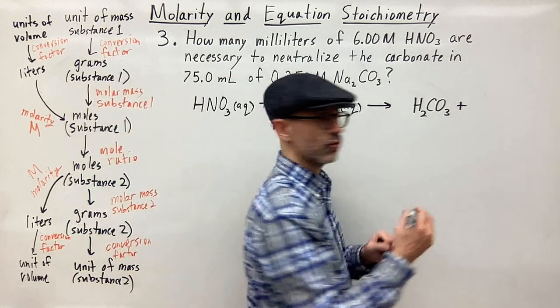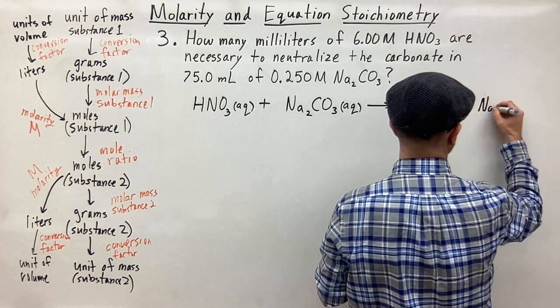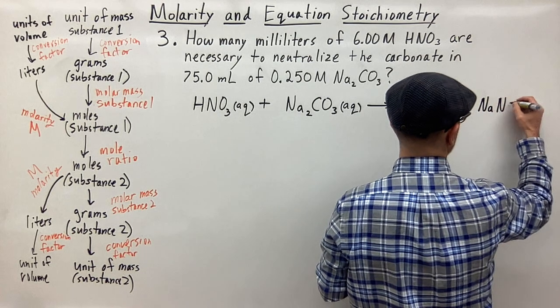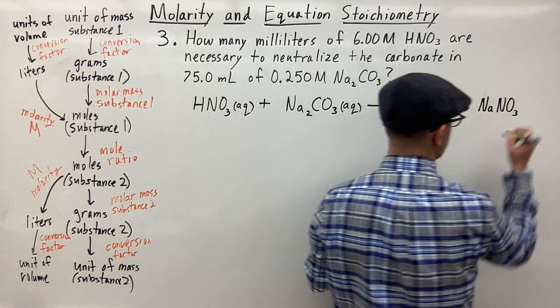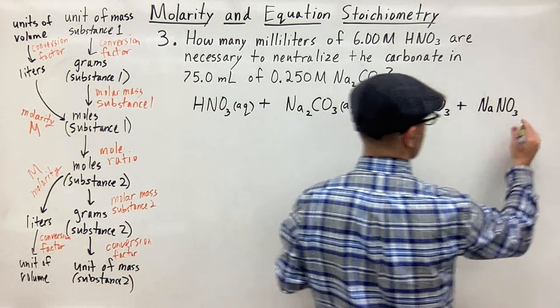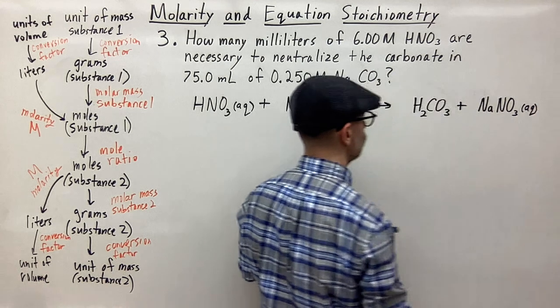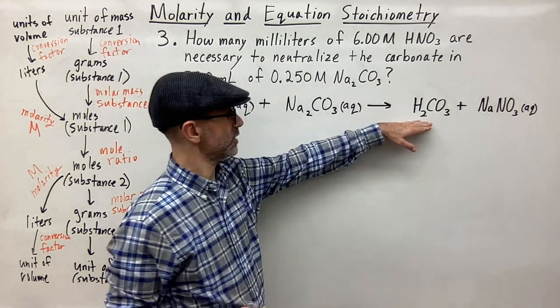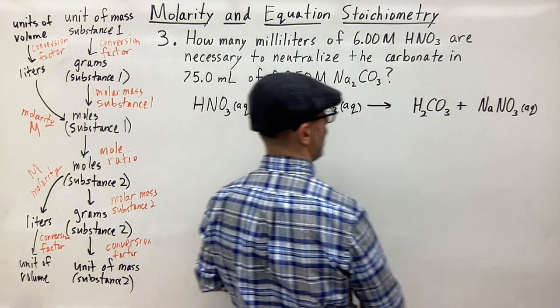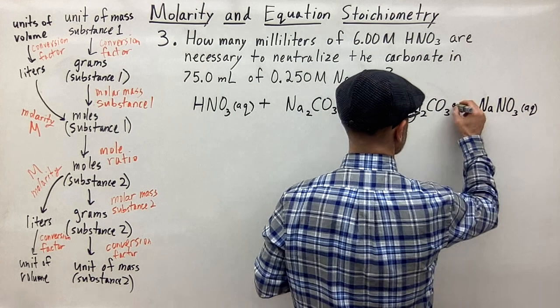So we get sodium nitrate, and that's going to be NaNO3. This is going to be aqueous because all nitrates are soluble in water according to the solubility rules. H2CO3, that's carbonic acid, is also going to be aqueous.